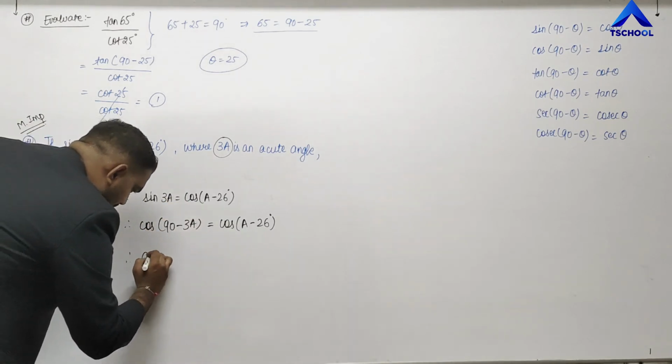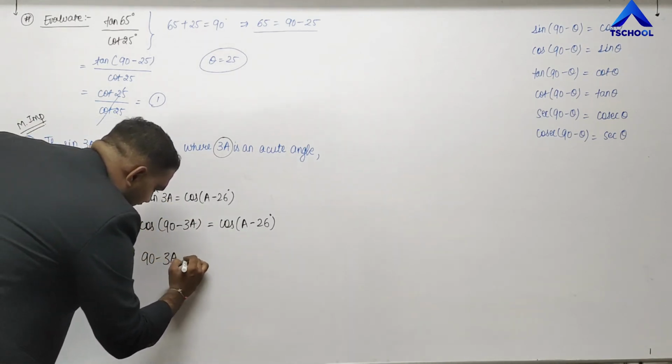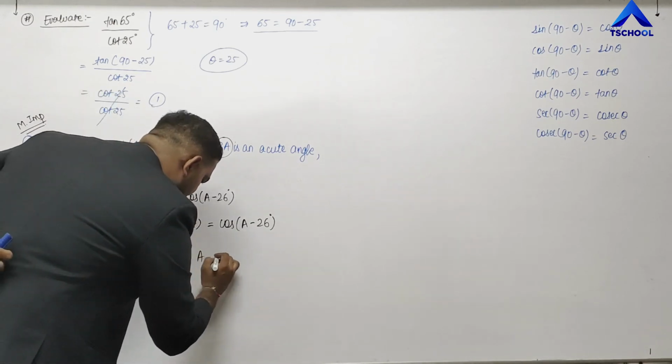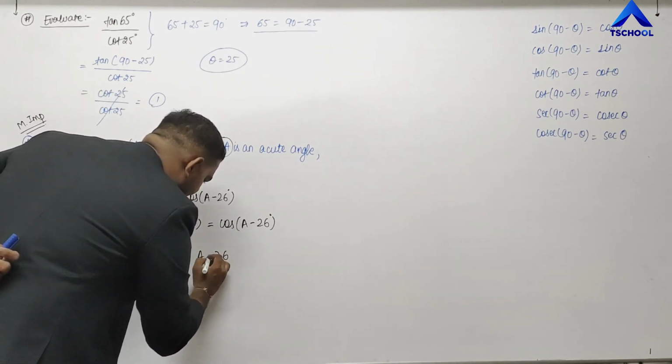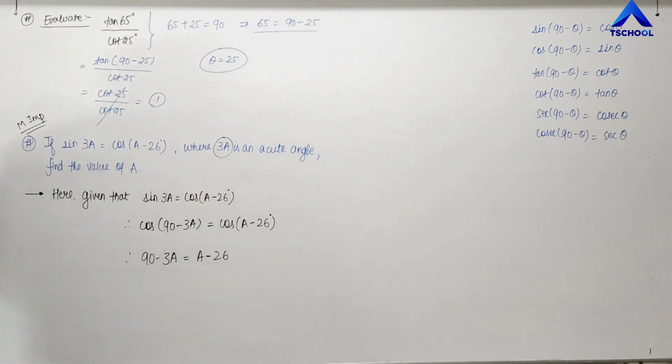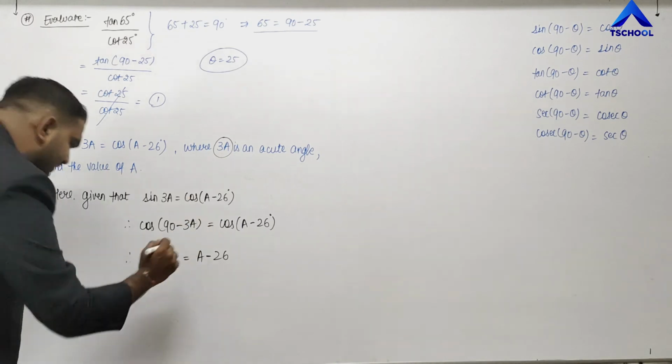Therefore 90 minus 3a is equals to a minus 26. Okay, we will take this 3a on the other side, 26 on the left side.